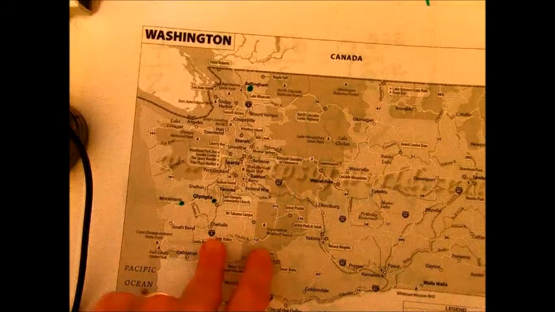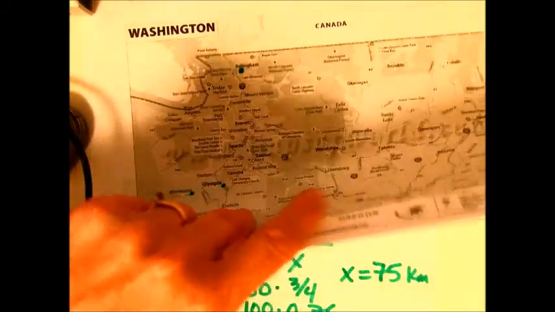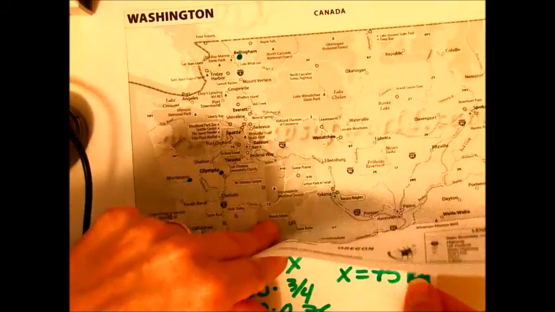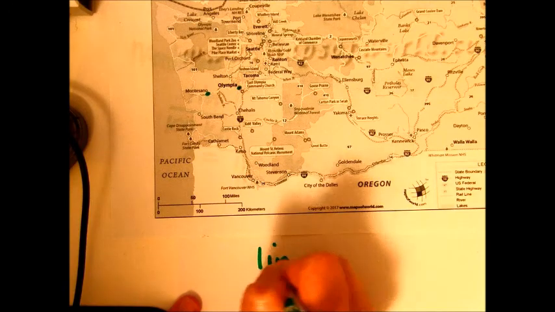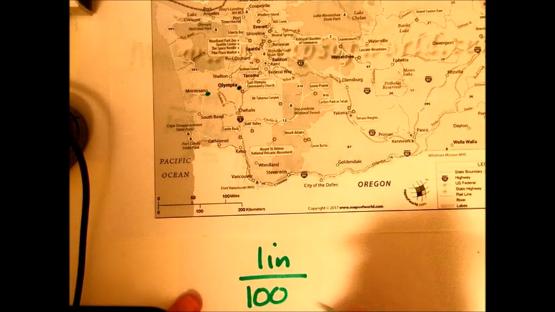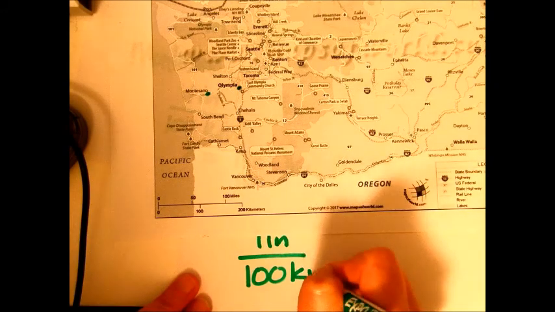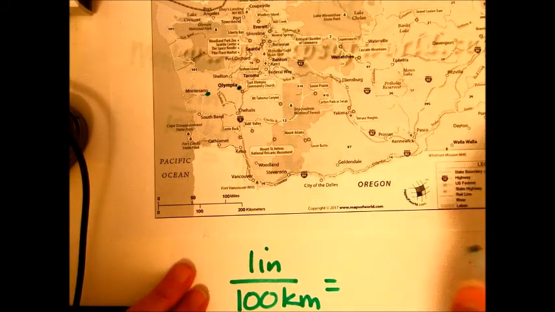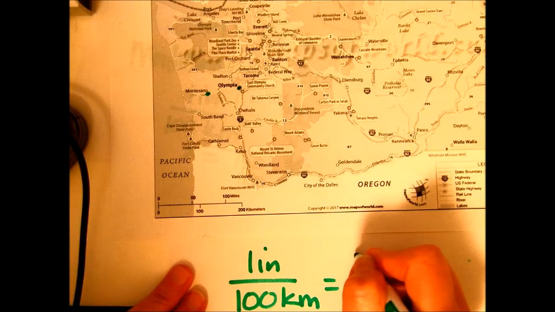So again, I'm going to create a ratio. I know that 1 inch is equivalent to 100 kilometers. And I've got 2 7/8.